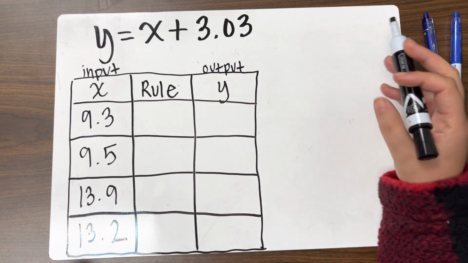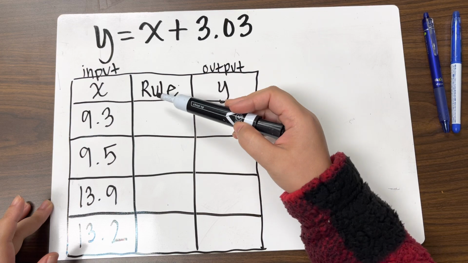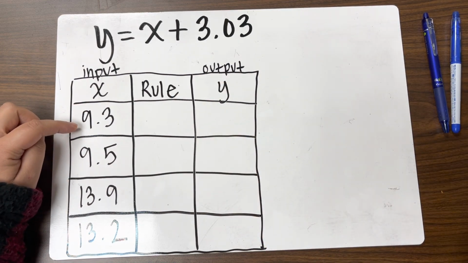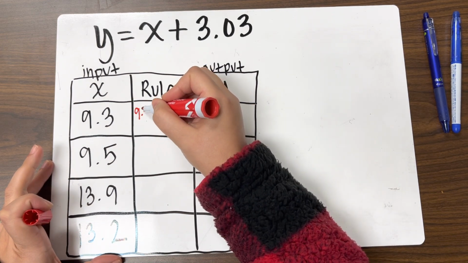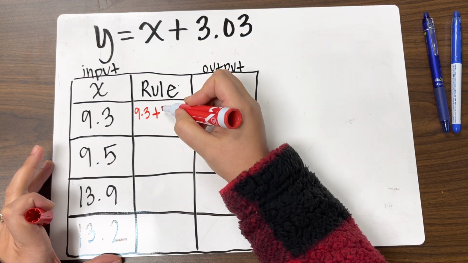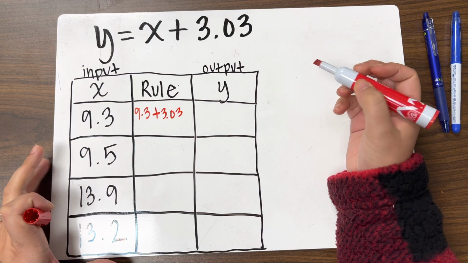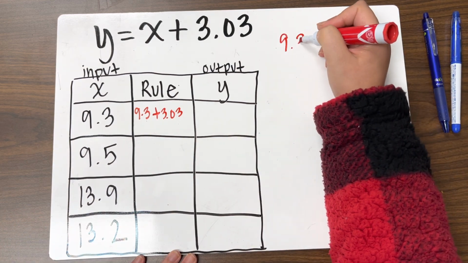I'm going to use this equation as my rule. So remember, we have 9 and 3/10 plus 3 and 3/100. I have to solve for that.